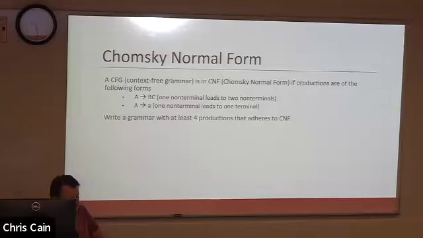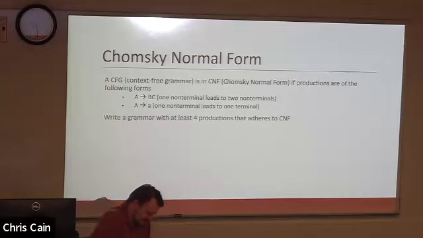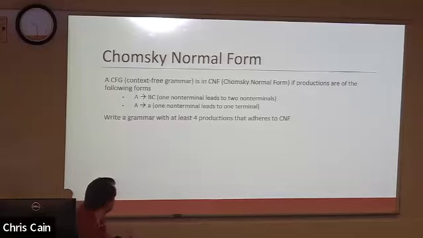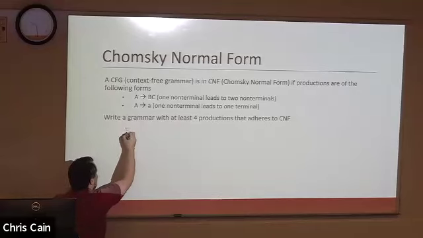The only way to get 4 would be something like A arrow BC, A arrow CD, and then define that. All right, I guess, sorry, S. Let's try it now. S arrow AB, S arrow BA. Like that.